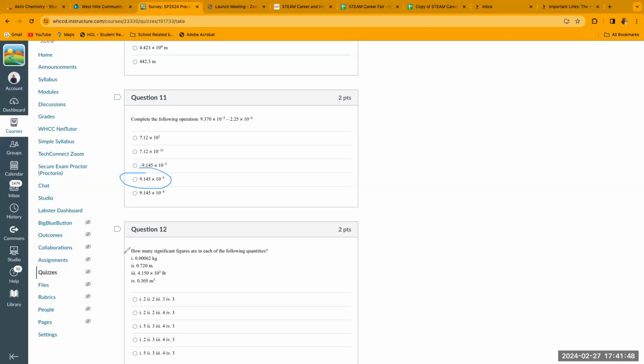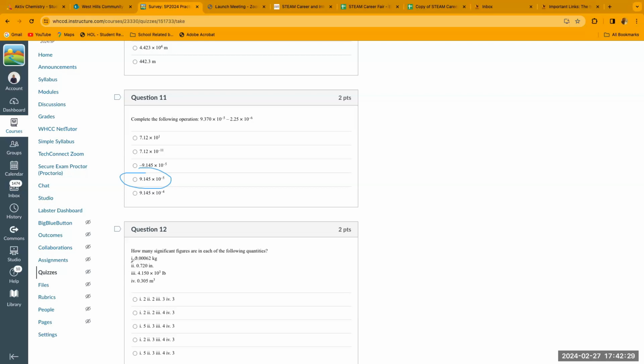Okay, number 12. It says, how many significant figures are in each of the following quantities?